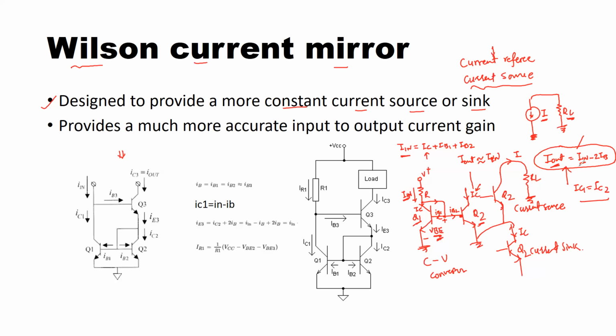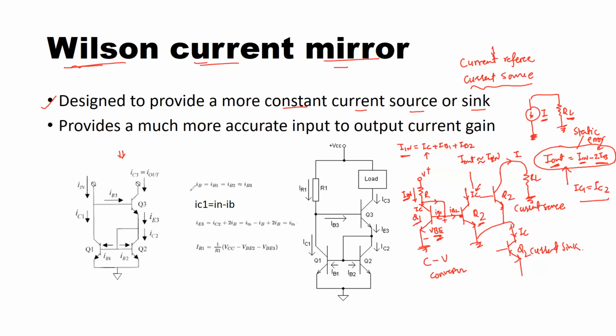Rather, it is somewhat lesser than I in, and that is because of the base current. So this concept was called static error, or error in the current mirror performance due to the base current of the transistors. To circumvent this problem, there is this arrangement now, which is called the Wilson current mirror.